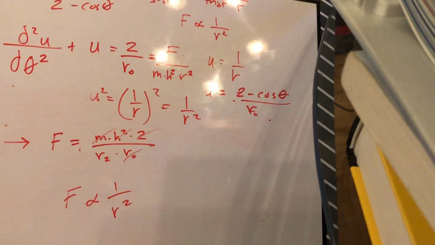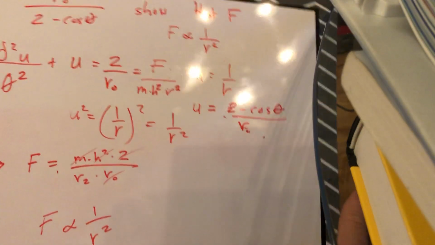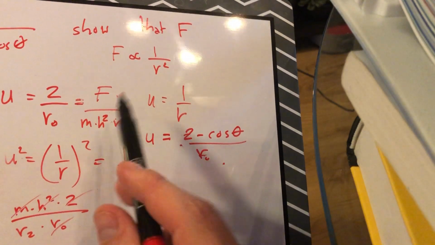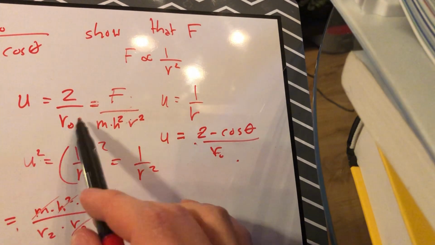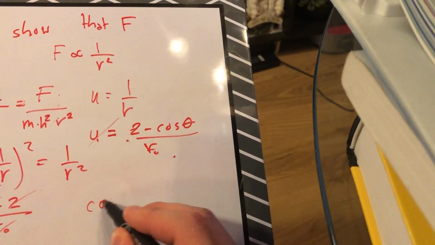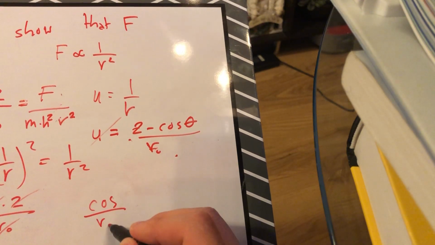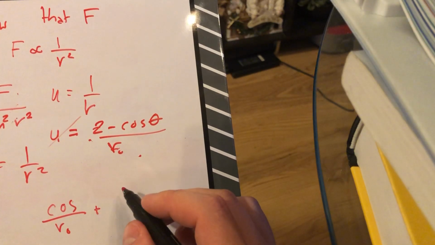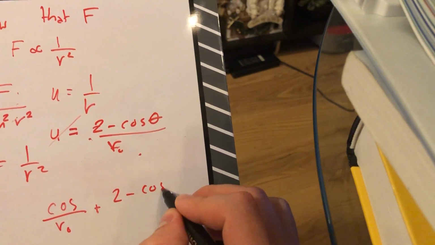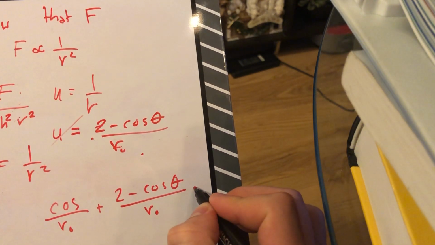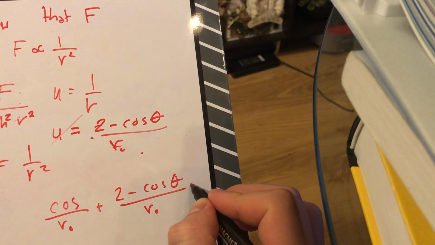Now, before we get too ahead of ourselves, let's go ahead with the proof of how we know that that equals 2 over r theta. Well, the way we know is this term is cosine theta over r theta, plus 2 minus cosine theta over r theta.